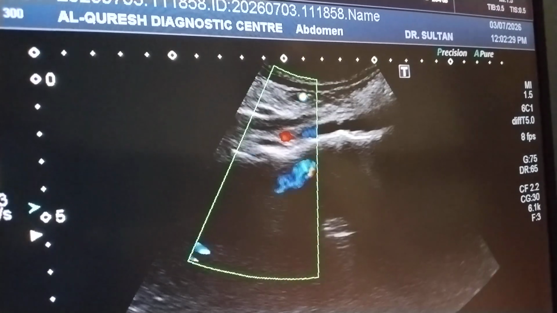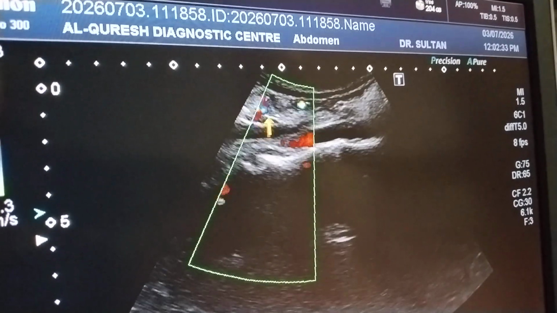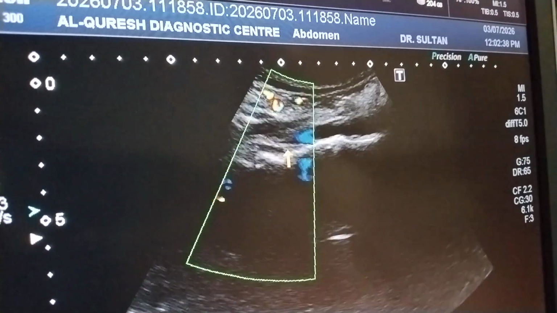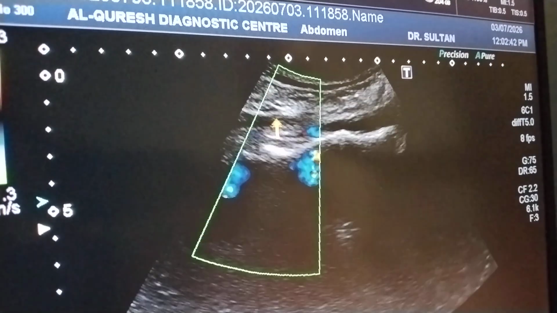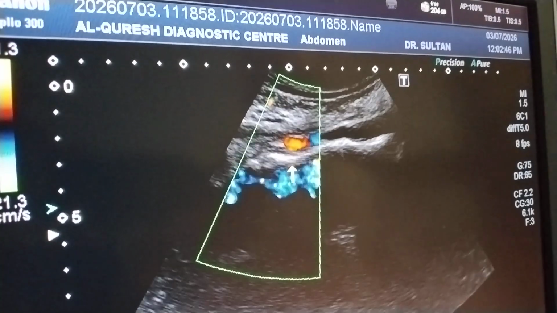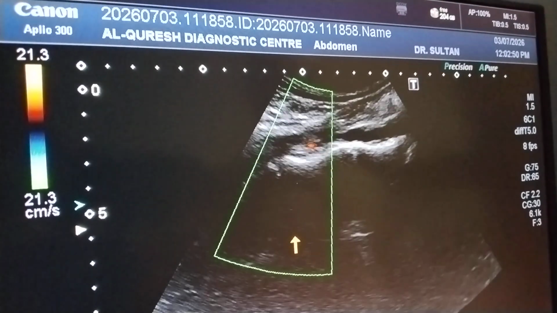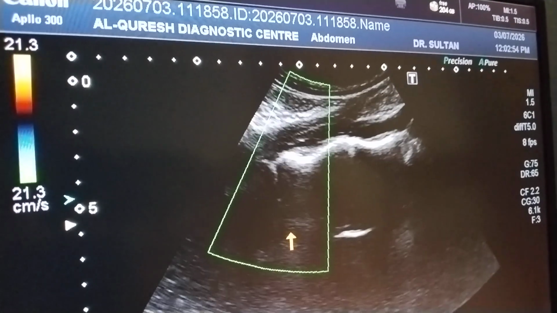The ureter will not take the color, as we have seen, and these are the gonadal vessels which are crossing the ureter. The proximal ureter is also crossed by the gonadal vessels. So we should not confuse the ureter with the vessels, and this difficulty can be overcome by applying the color.